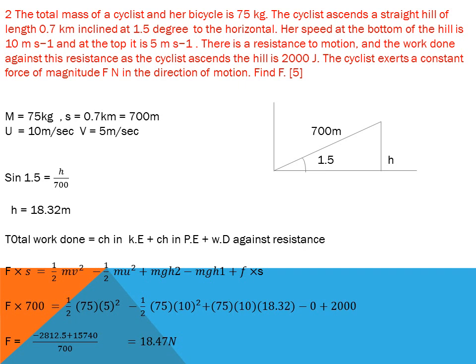I place all the values of S, M, V and U. Here h1 for potential energy is 0 because the body is moving from the origin to a distance of 700 meters, and h2, which I found in the previous step, is 18.32 meters.